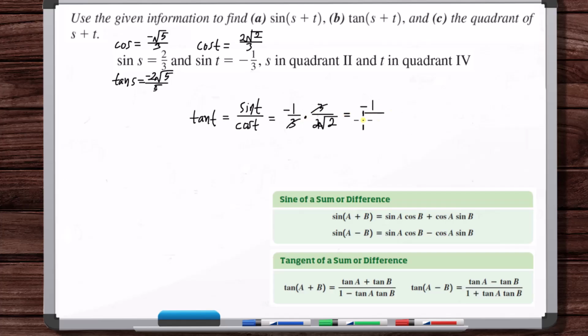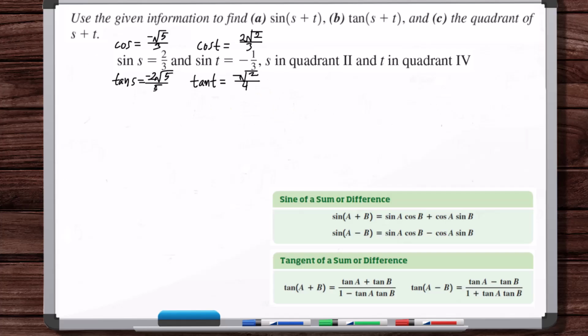So minus 1 over 2 root 2. Multiply this by root 2 over root 2, and you get 2 root 2 times root 2 would be 4. So minus root 2 over 4. So tangent of t is minus root 2 over 4.